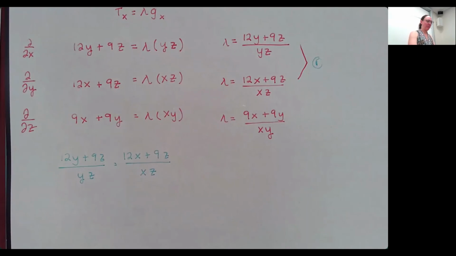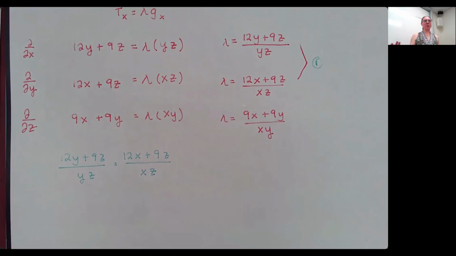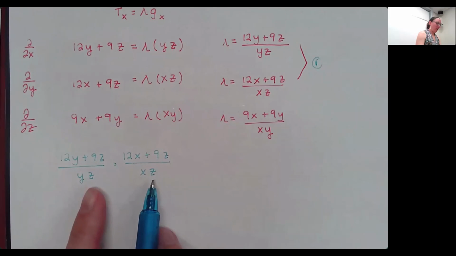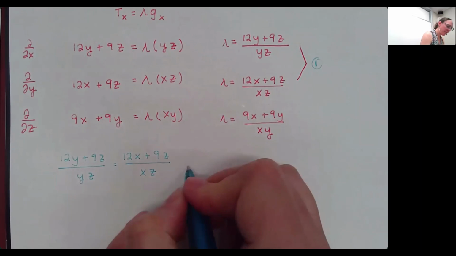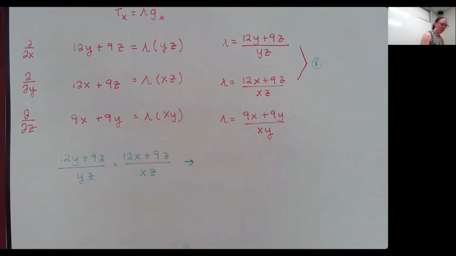I don't have to worry about potentially dividing by 0 here, because if they were 0, we don't actually have a store built. So I already know that they can't be equal to 0. So right now, on both sides of the equation, I could get rid of a z, because if I multiplied both sides by z, that z is gone. And if I don't like fractions, then I would actually multiply both sides by xyz.